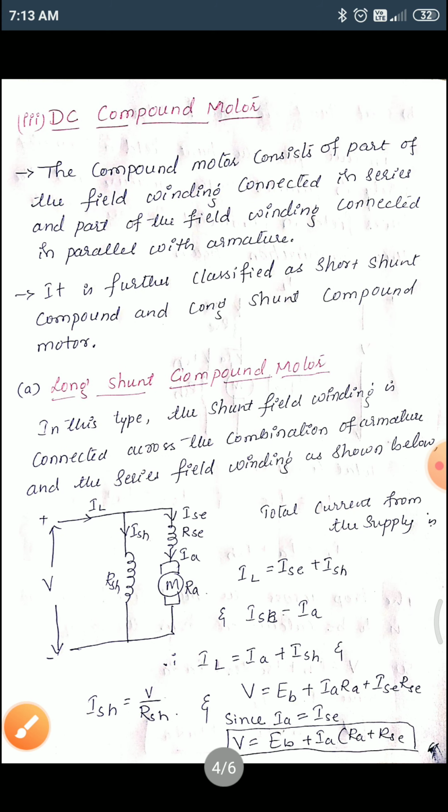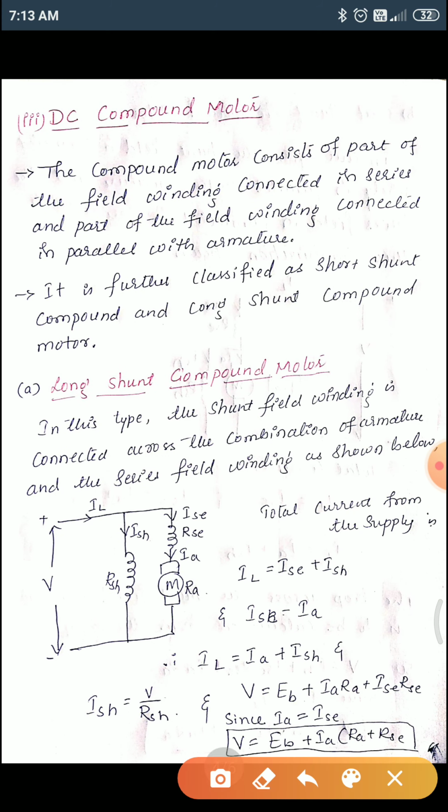And next we will discuss the DC compound motor. As we know, compound means a combination of series field winding and shunt field winding.